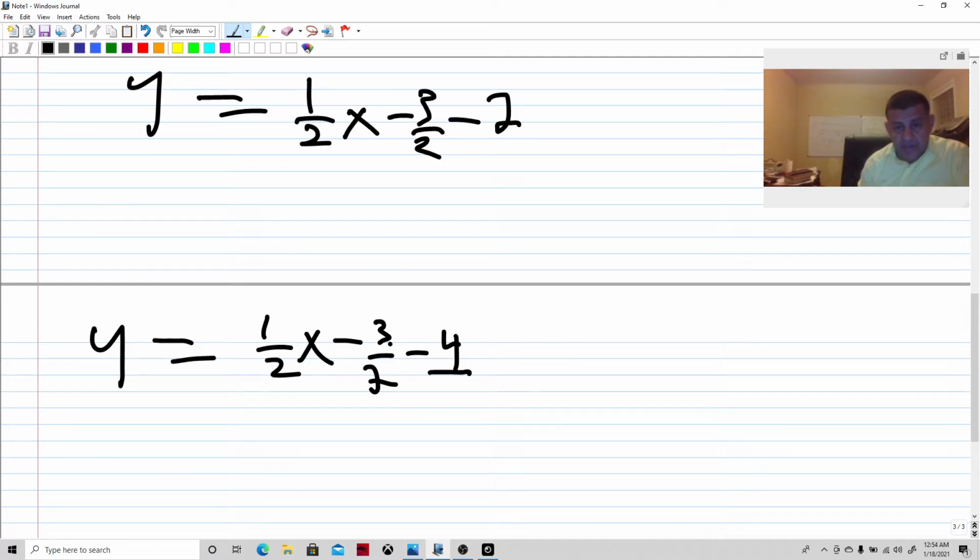So on the bottom here, we get what? We get 2, right? So now we have a 2, and the equation of the line for this, in this case, is going to be what?